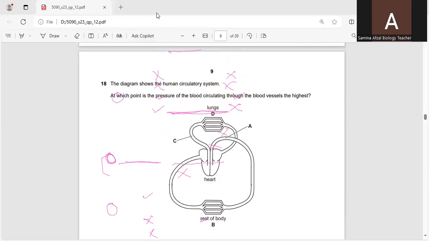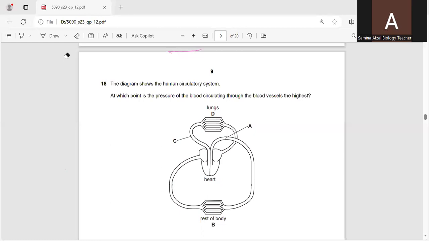Okay, next is question number 18. The diagram shows the human circulatory system. At which point is the pressure of the blood circulating through the blood vessels highest?